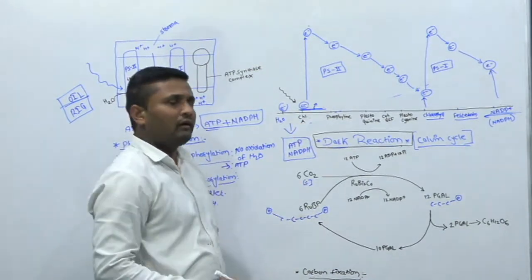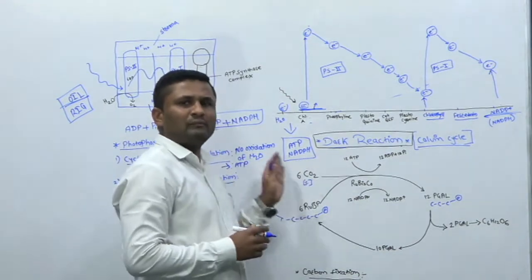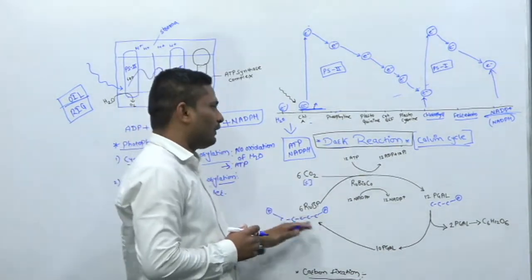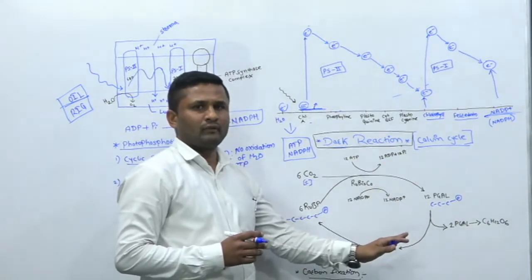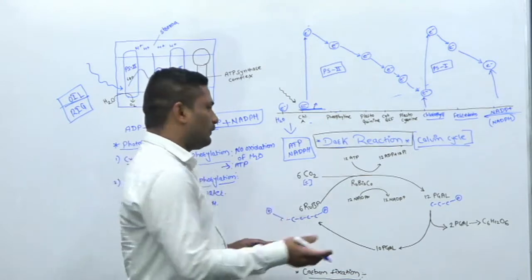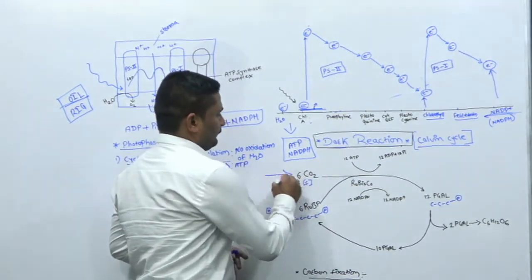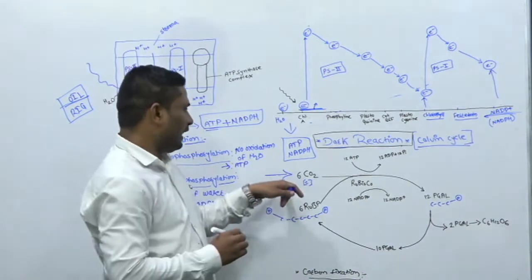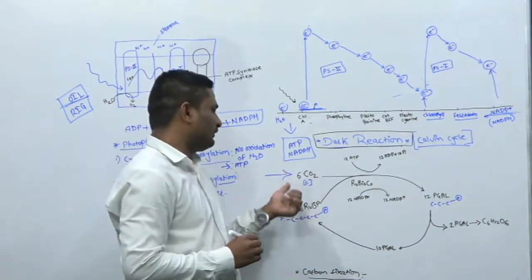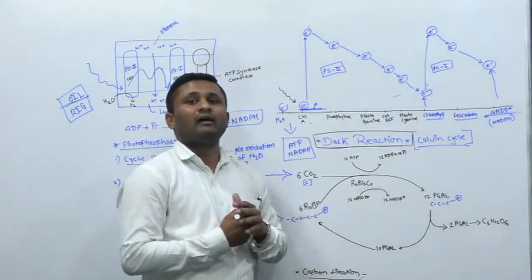Now by utilizing these products of the light reaction, the dark reaction or Calvin cycle will run. Obviously one very important component will enter there, and that is carbon dioxide, CO2. This will enter because it will act as the source of carbon to further synthesize our carbohydrate.